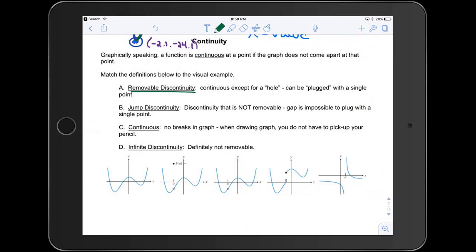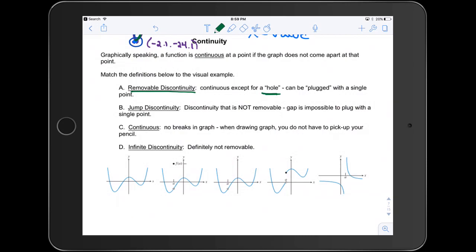It means it's continuous except for a hole that can be plugged with a single point. Now, it can be plugged. It doesn't mean it has to be plugged. So any of these graphs down here, this one, this one, this one, any one of those that is not continuous because it's missing a little hole, would be called removable discontinuity.